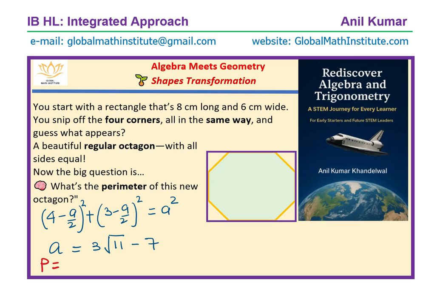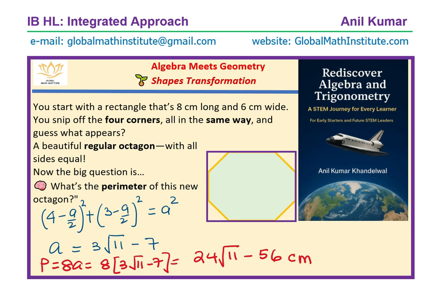So the perimeter 8A will be 8 times (3 square root 11 minus 7), which is 24 square root 11 minus 56. And the units will be centimeters. So that is how you're going to get the perimeter of the octagon.